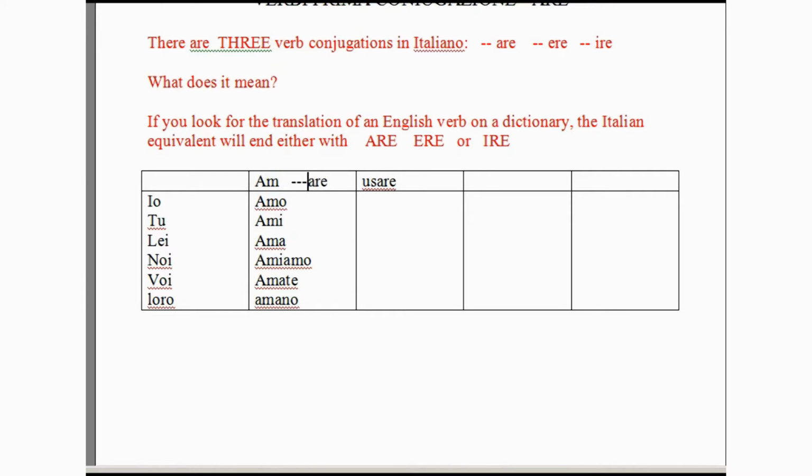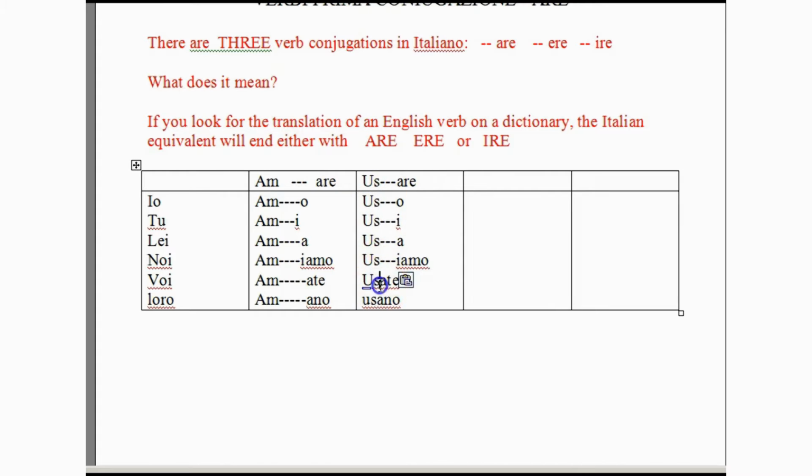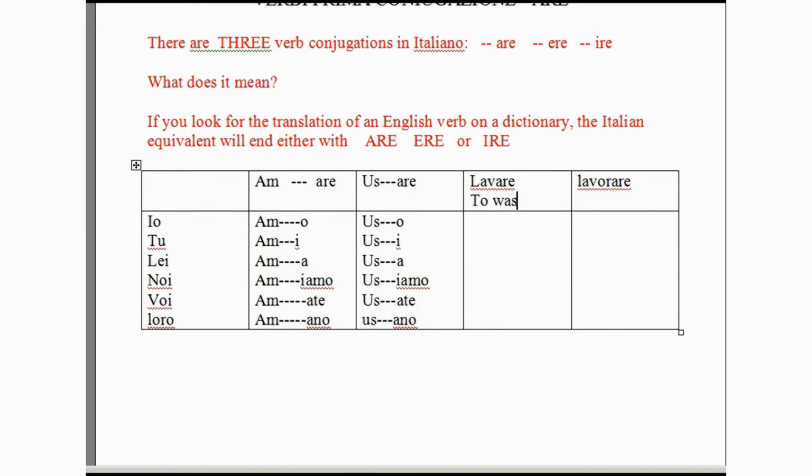You break the stem and the ending. You repeat the stem always as the same and then change the endings. Usare, which means to use, same thing. Let's take now verbs that for some reason always cause some confusion. Lavare and lavorare.